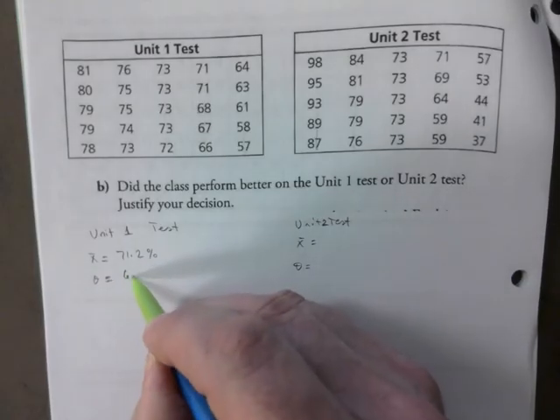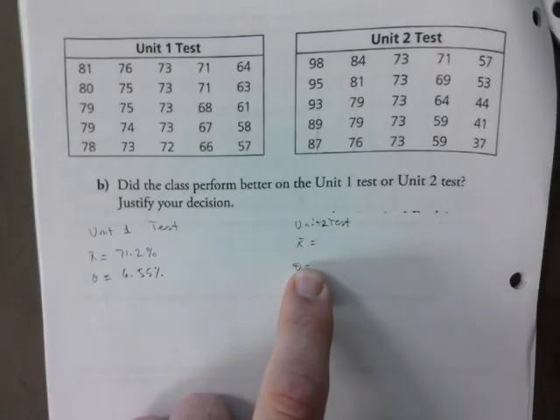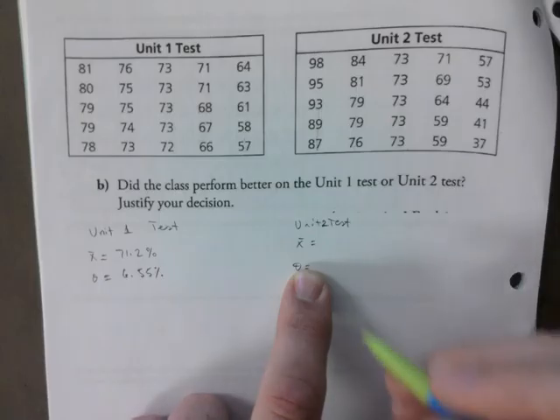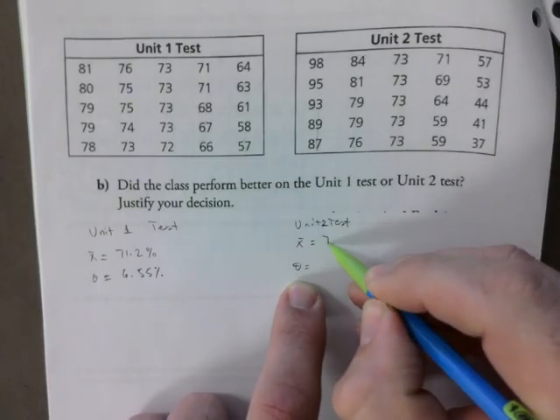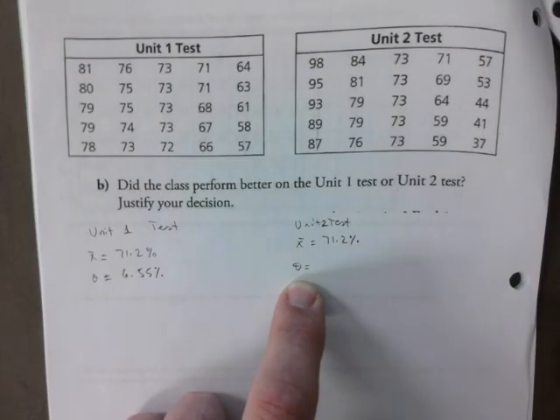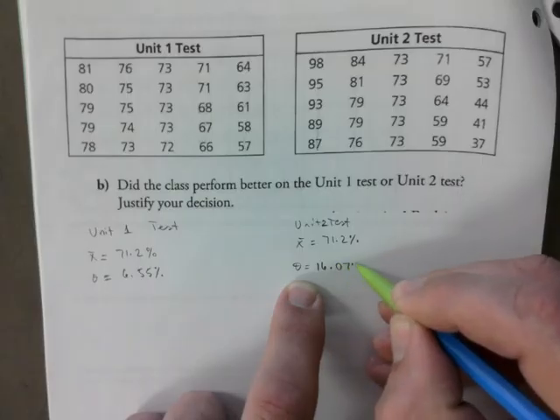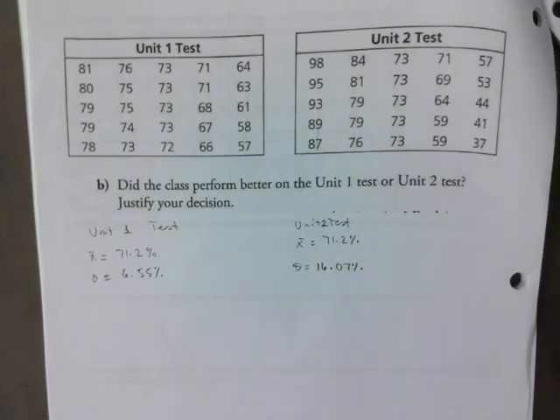Okay, and then we're going to do unit test number 2 over there. Any brave volunteers? What did you get for mean and standard deviation? 71.2? Yeah, okay. And standard deviation? 16.07, right? Okay. All right.